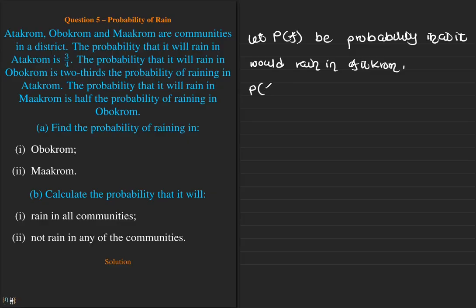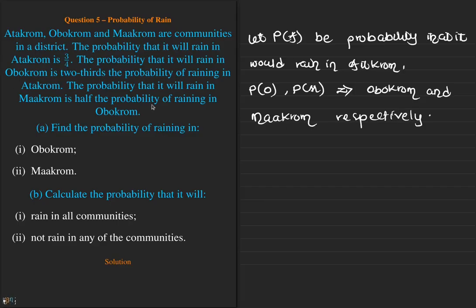Then probability of O and probability of M would be that of Obokrom and Maakrom respectively. So now that we have these parameters, let's write what we have in the question.